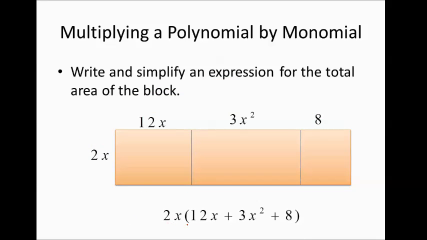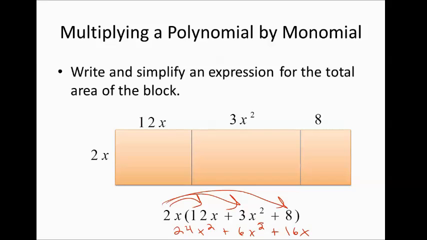So 2x times 12x squared plus 12x plus 3x squared plus 8. If I distribute that as I would in a normal monomial times a trinomial, I would end up with 24x squared plus 6x cubed.